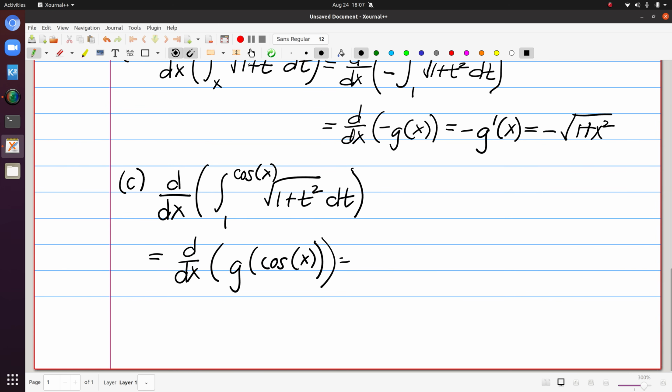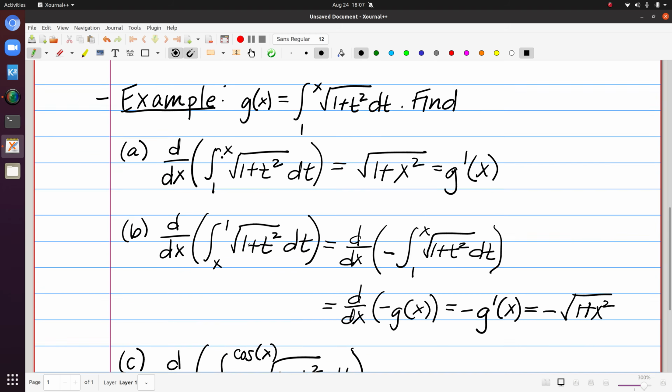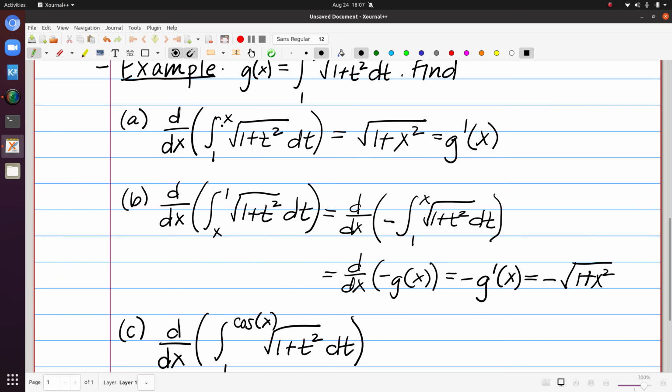When we differentiate a composite function, we need to use the chain rule. That says take g prime and evaluate it at cosine of x, and multiply that by the derivative of the inside function cosine of x. Again, we already know g prime of x from part A is the square root of 1 plus x squared.